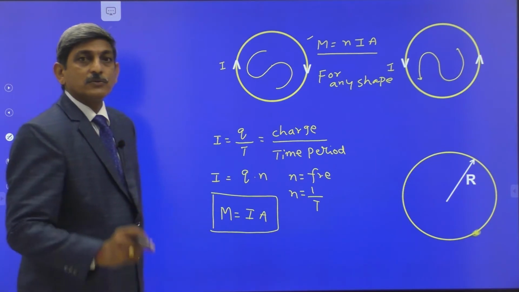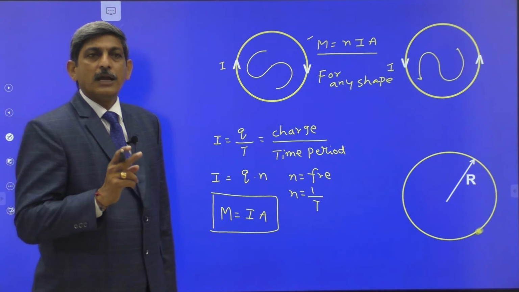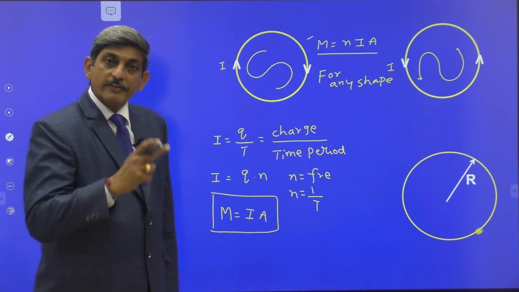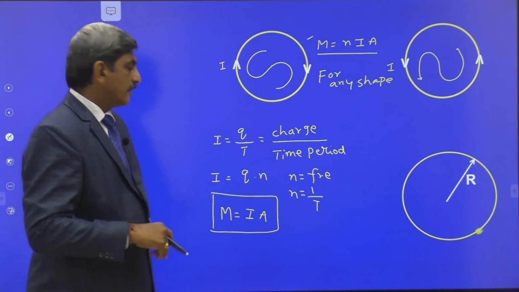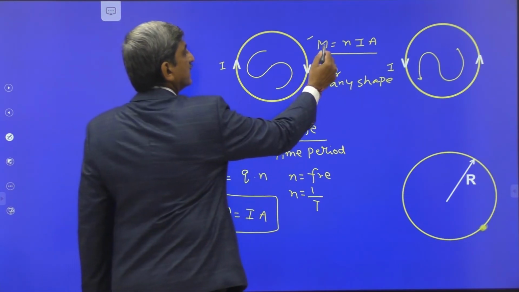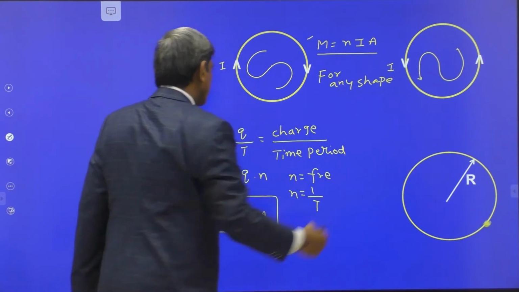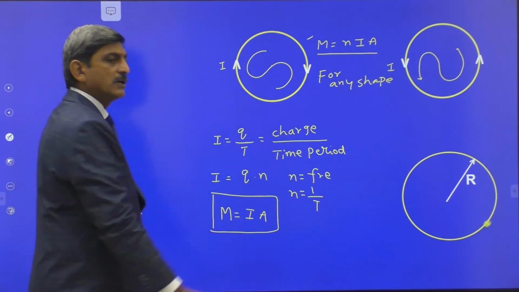So, the current carrying coil behaves as a magnetic dipole, and the revolving charge also behaves like a magnetic dipole, whose dipole moment is given by, for a circular coil, M is equal to NIA, and for a rotating charge, M is equal to IA.